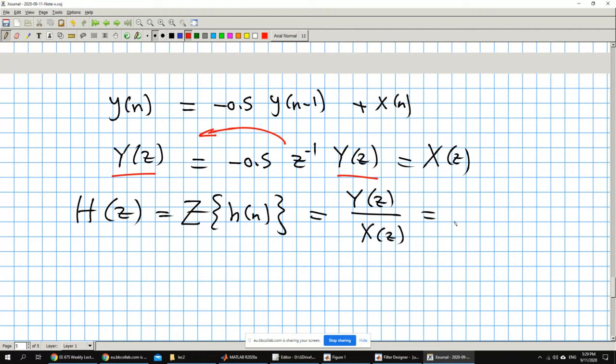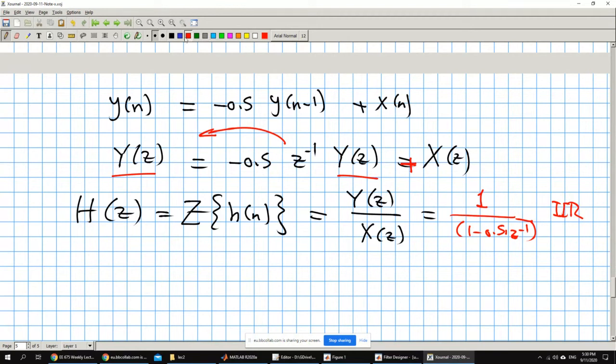This will be 1 minus 0.5 z to the minus 1, and the other side is x of z. So basically, h of z is 1 over 1 minus 0.5 z to the minus 1. This becomes just a simple equation in z. And whenever you have something that has a numerator and a denominator, this will be IIR.